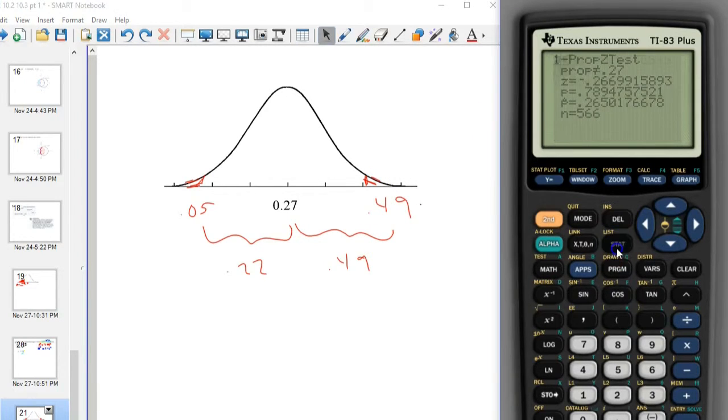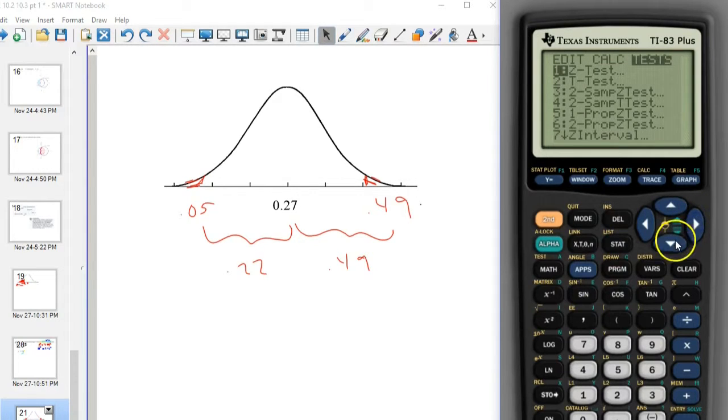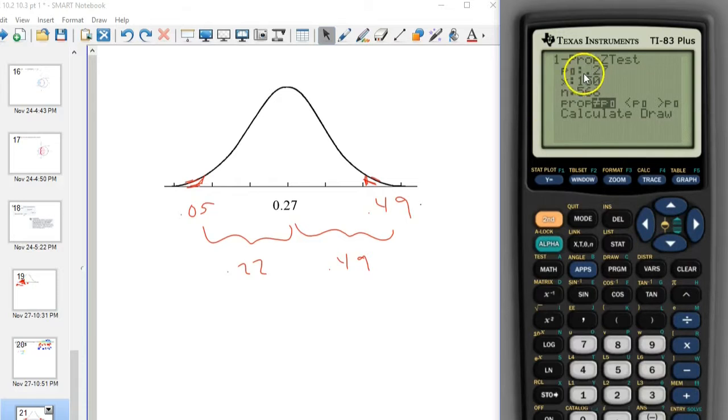Now, if I ran that test, just to show you the difference, let's say 566, and let's say we got 5% of 566. That's 28.3, so I'm going to round that to 28. And now I did it.